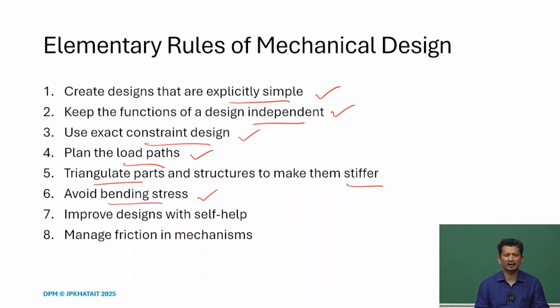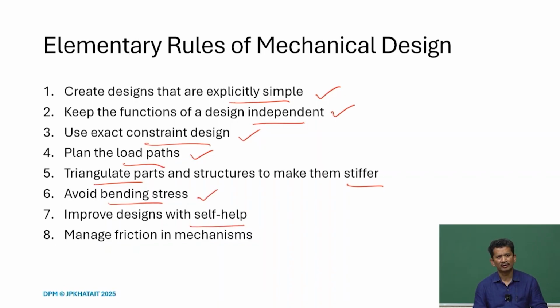But if we need compliance, if the stiffness is low, when we will be talking about compliant mechanisms or flexures, then we will be talking about bending and torsional loads. But if we are looking for stiffer structures, then we try to avoid bending stresses.